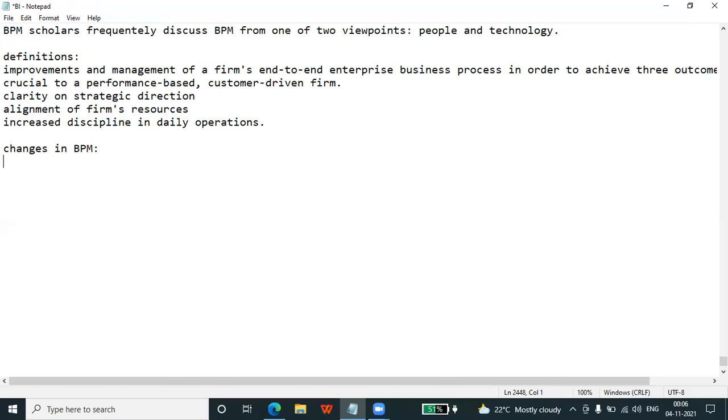The term business process is sometimes used by IT practitioners as synonymous with the management of middleware processes or with integrating application software tasks.